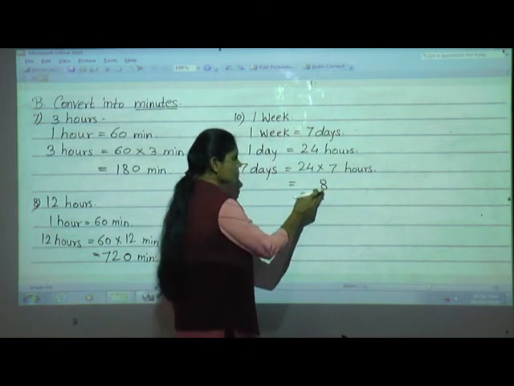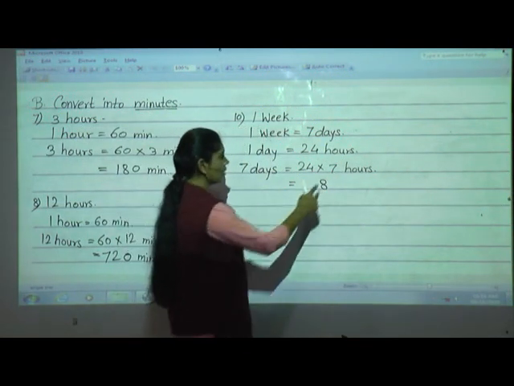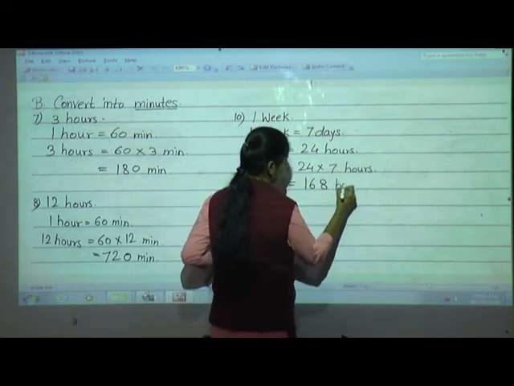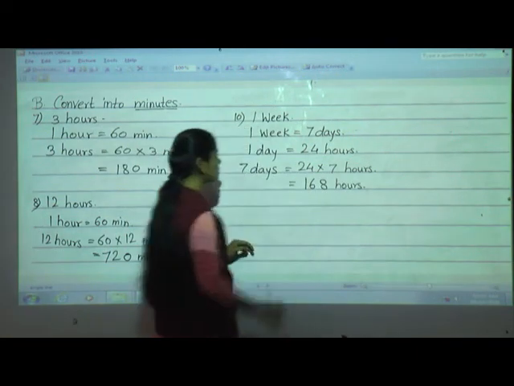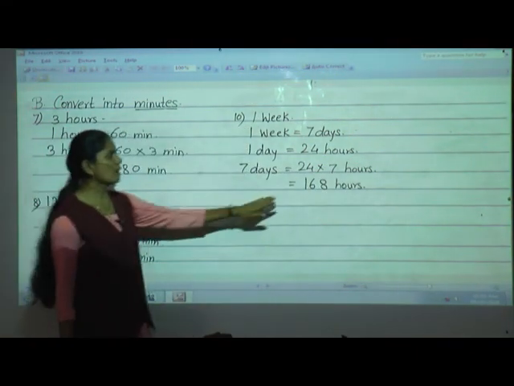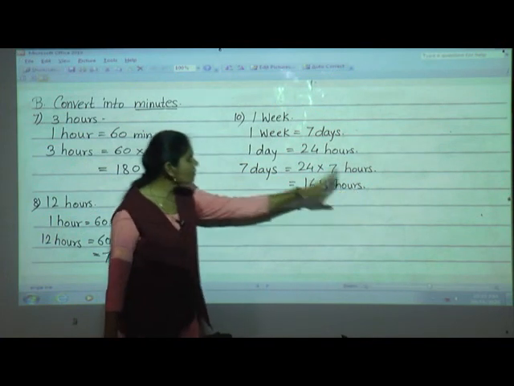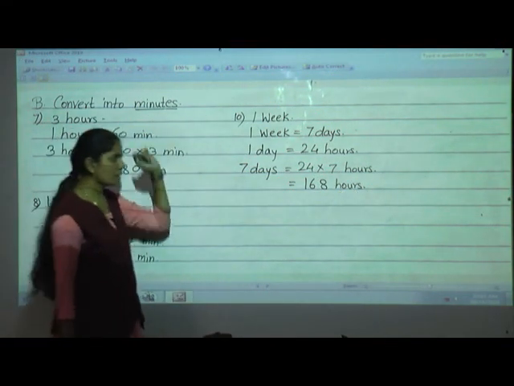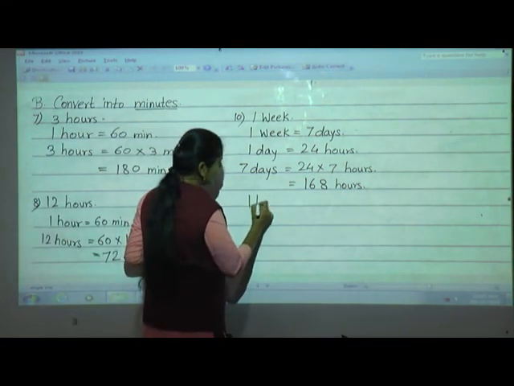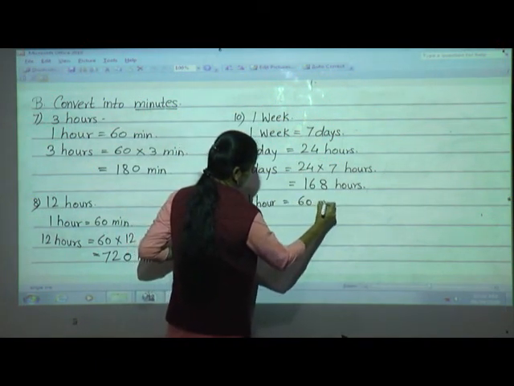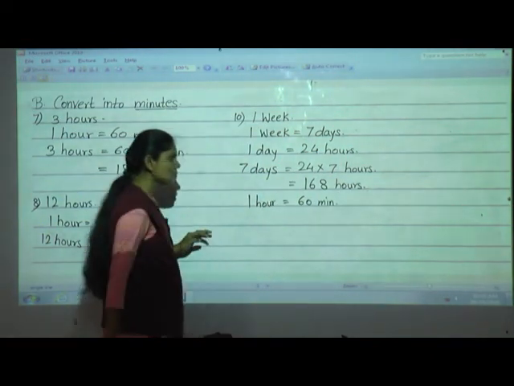So here we will write 8 and 2 in your mind. 7 2s are 14 plus 2, 16. Okay, so 7 days is equal to 168 hours. Now these hours we will convert into minutes. So for that 1 hour is equal to, yes, 60 minutes.